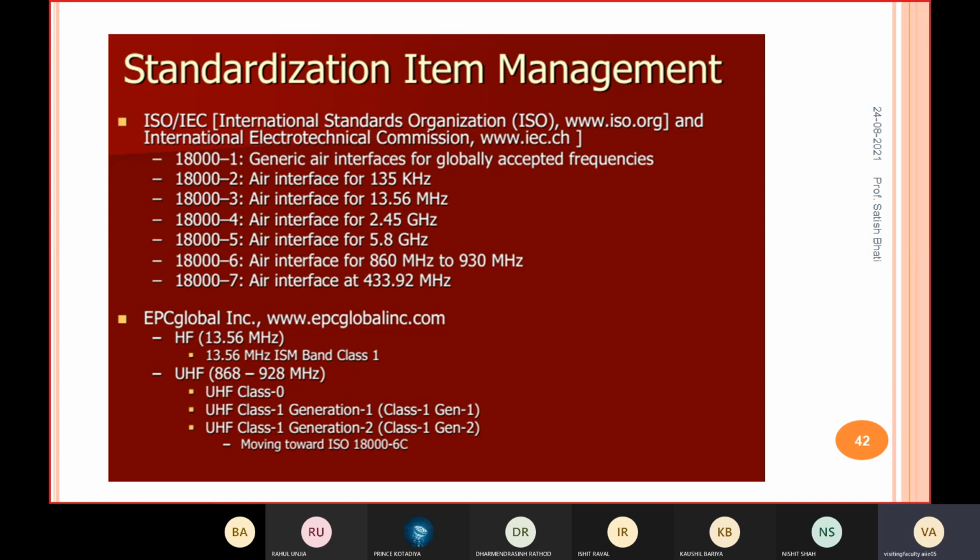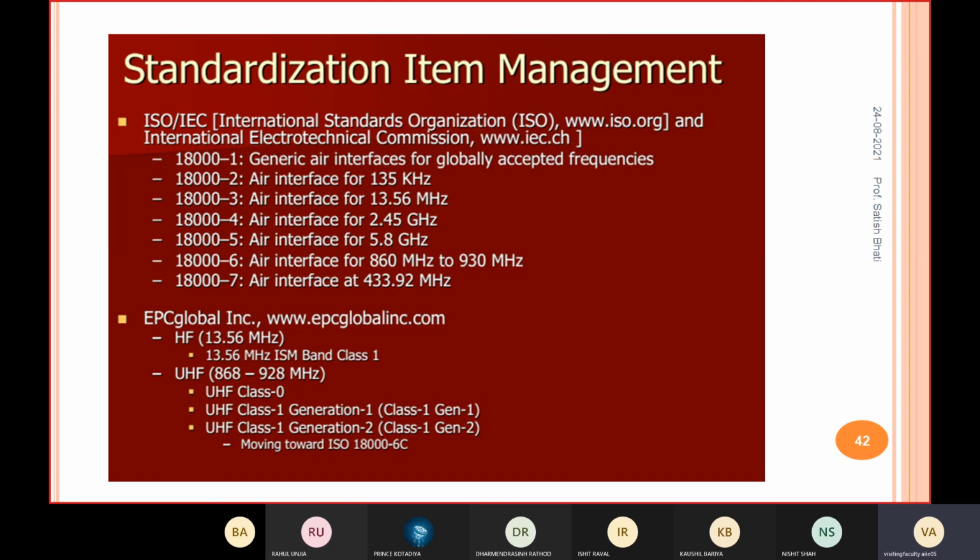And they are using both the high frequency band, that is 13.56 megahertz, and in the UHF band they are using the frequency from 868 to 928 megahertz, right? And in this UHF band, they also have some different classes like class 0, class 1 generation 1, class 1 generation 2, right?